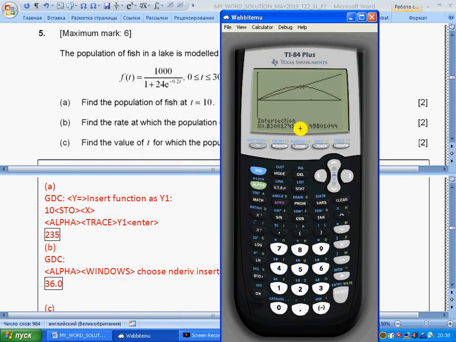Okay, so we go to y equals, here we clear and clear two functions.